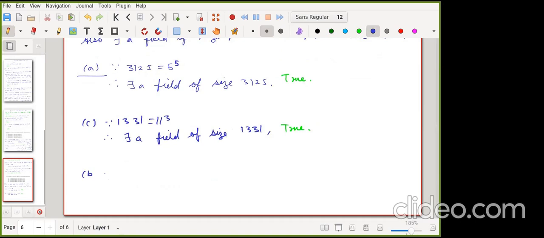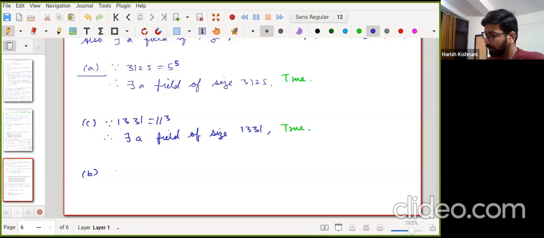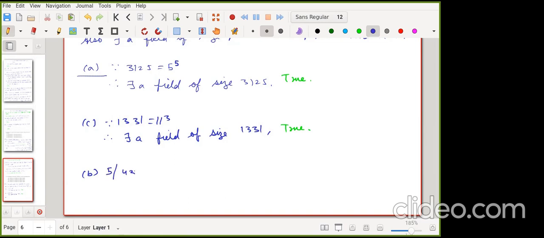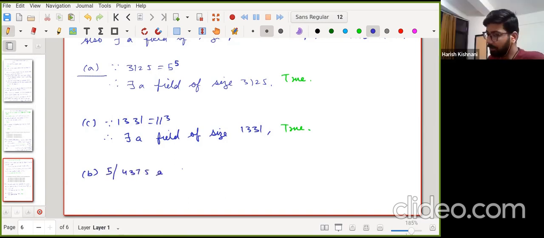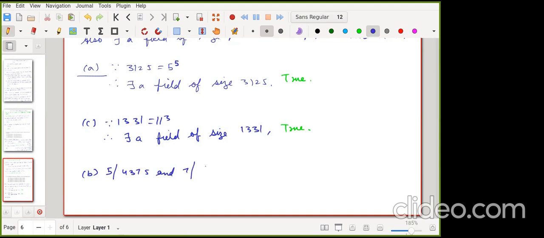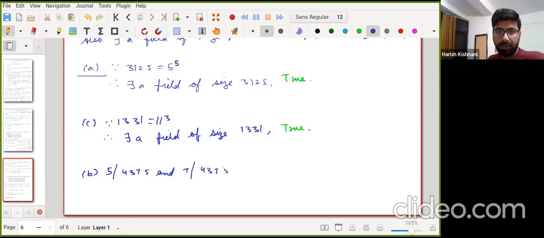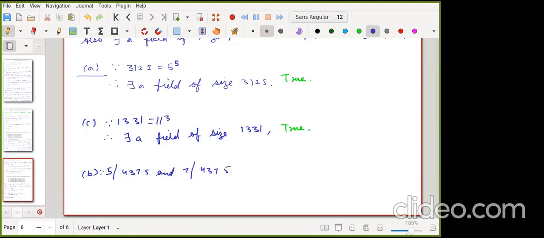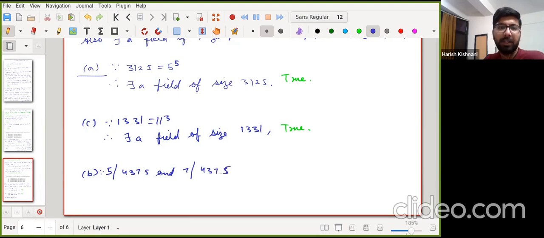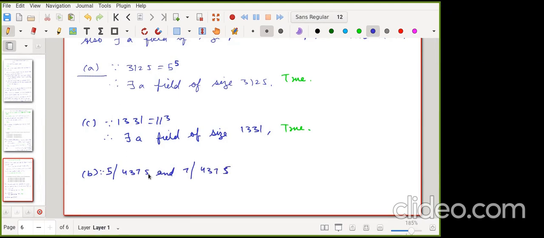So for B, 5 divides 4375, and 7 also divides 4375. You need not find the entire prime decomposition; this much is enough. 5 you can get directly because the unit digit is 5. Just check that 7 also divides it.